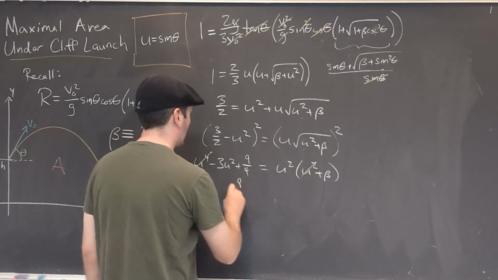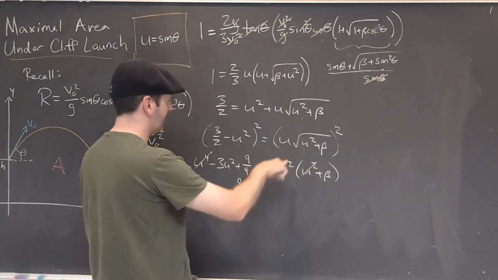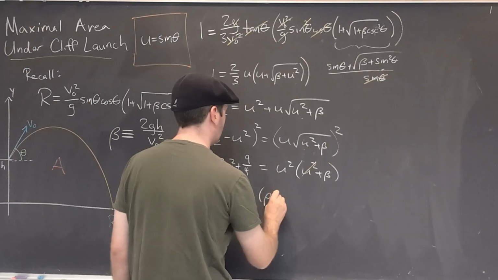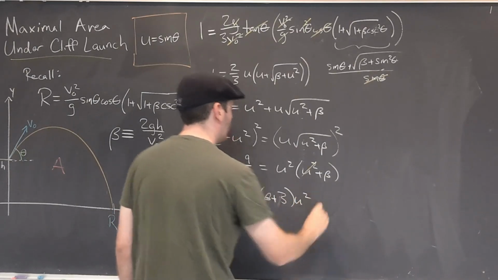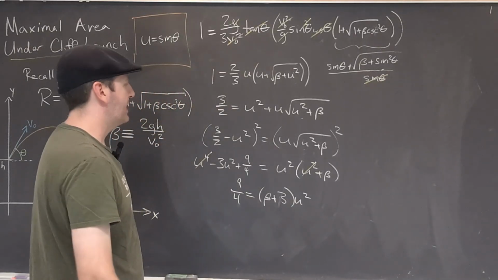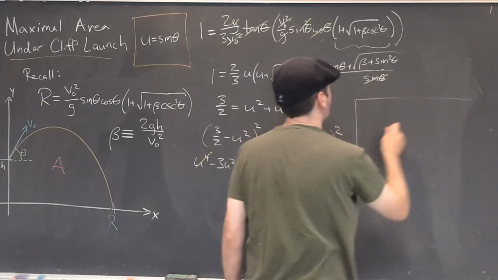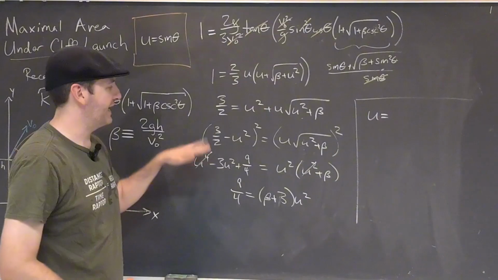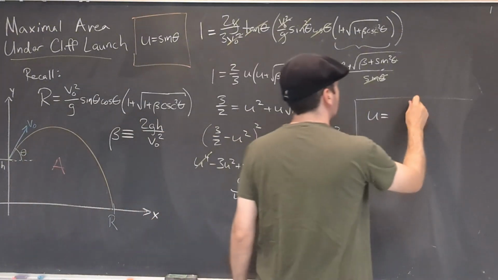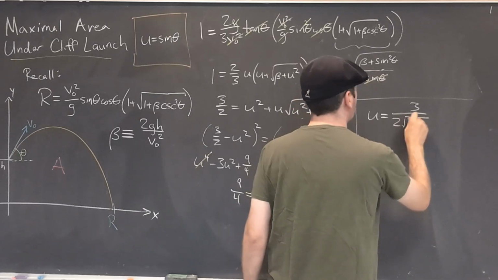I'll leave the 9/4 over here. On this side, I'll have a beta times u squared and then a plus 3 times u squared. So beta plus 3 u squared, which at the end of the day gives us the result we're looking for. I'll squeeze it in over here, that u, dividing and taking the square root, is going to be 3 over 2 root beta plus 3.